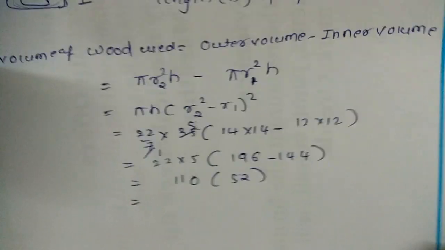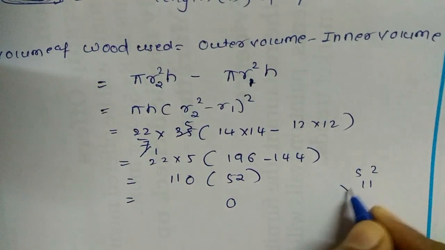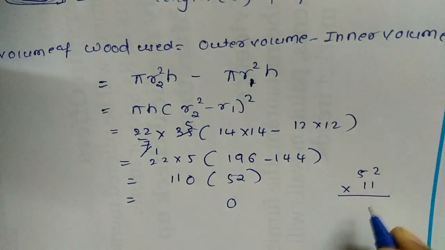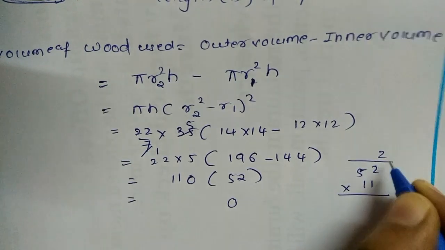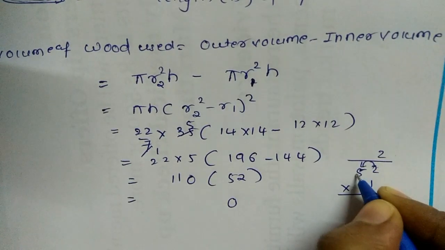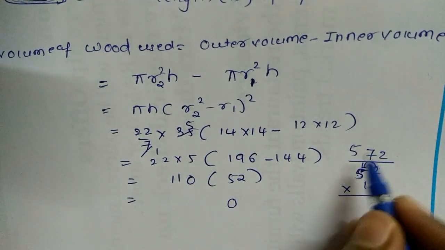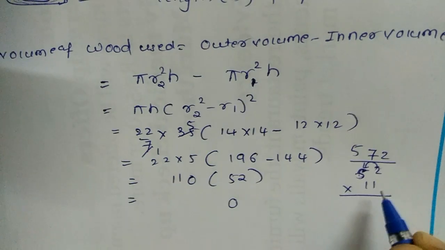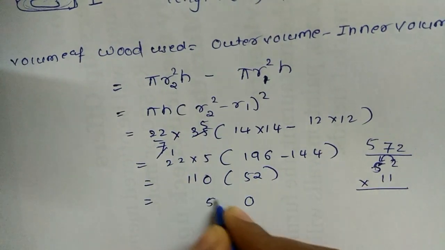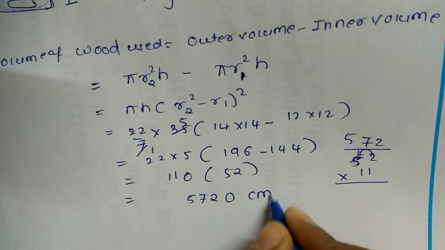So keep this 0 as it is and multiply 11 and 52. There is one trick: when you multiply with 11, just keep this 2 as it is, then add 2 plus 5, that is 7, and keep this digit as it is. So the multiplication of 52 into 11 is 572. So this is the volume of the wood used, in cm cube.